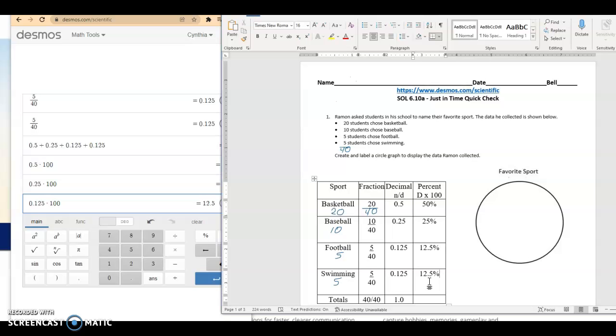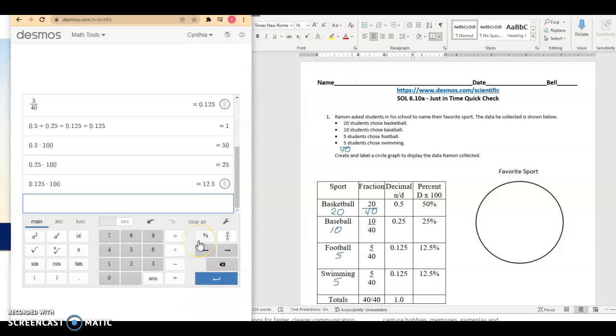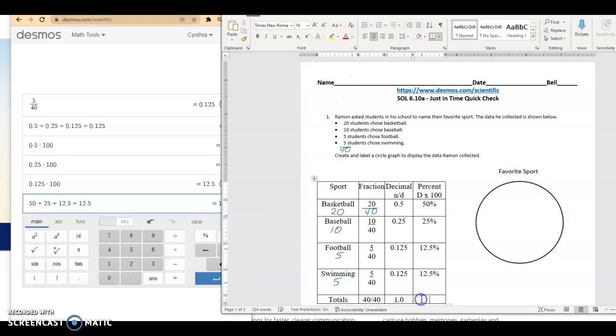When I add those up, again, I should have 1 or 100%. So that's 50 plus 25 plus 12.5 plus 12.5. And yeah, I have 100%. So I have my chart filled out.